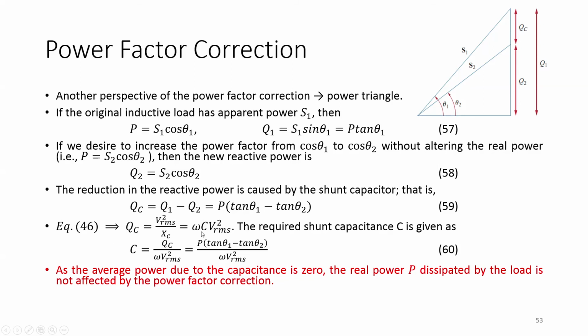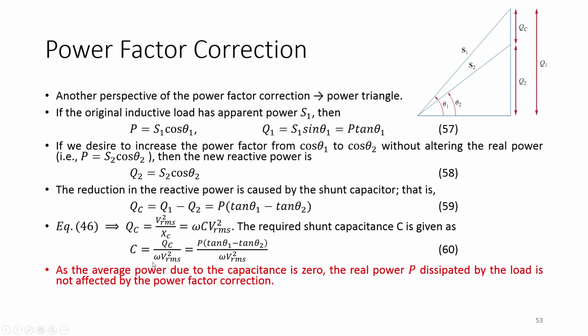Ultimately, from our previous knowledge, the reactive power is the voltage squared divided by the reactive impedance of the capacitor, as we do in a plain resistive circuit, V squared upon R. So here we see V squared upon X, and 1 upon X can be written as omega C, because we used to calculate the reactive impedance of the capacitor and inductor already. Xc is minus j upon omega C, and only the magnitude is written as omega C here.